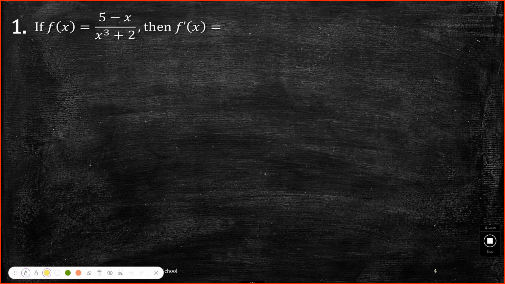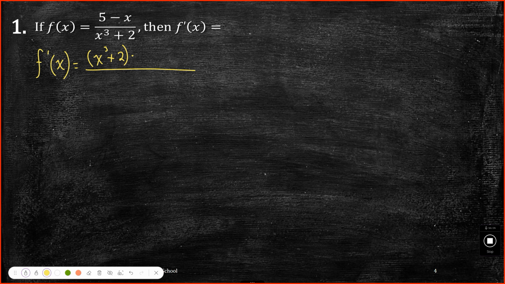F prime of x is the bottom function, put it in parentheses, times the derivative of the top function.